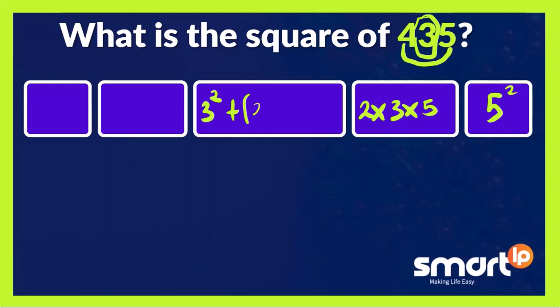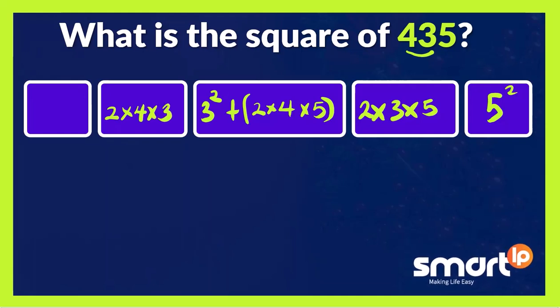That means you have 2 multiplied by the first digit multiplied by the last digit. Amazing. Well done. The next step is to take the 4 and the 3. The 4 is the first digit and 3 is the second digit. You are taking the first and the second digit and multiplying them by 2. So you have 2 times the first digit multiplied by the second digit.